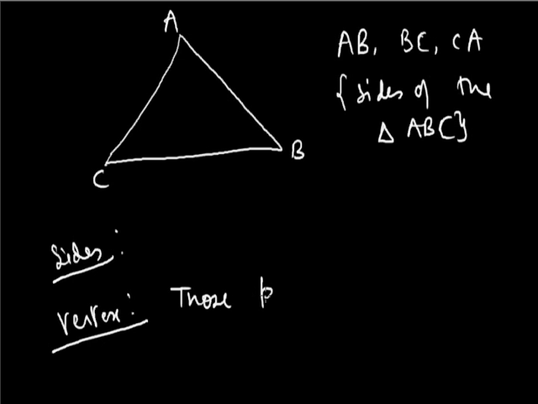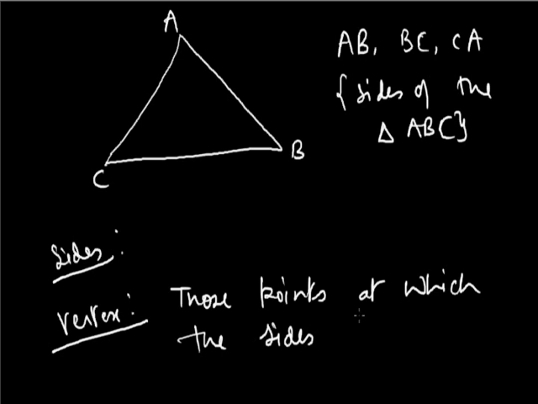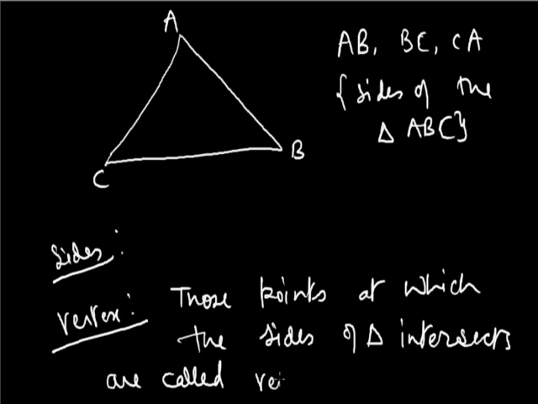Those points at which the sides of the triangle intersect are called the vertices of the triangle. So for this given figure, point A, point B and point C are the vertices of the triangle ABC.